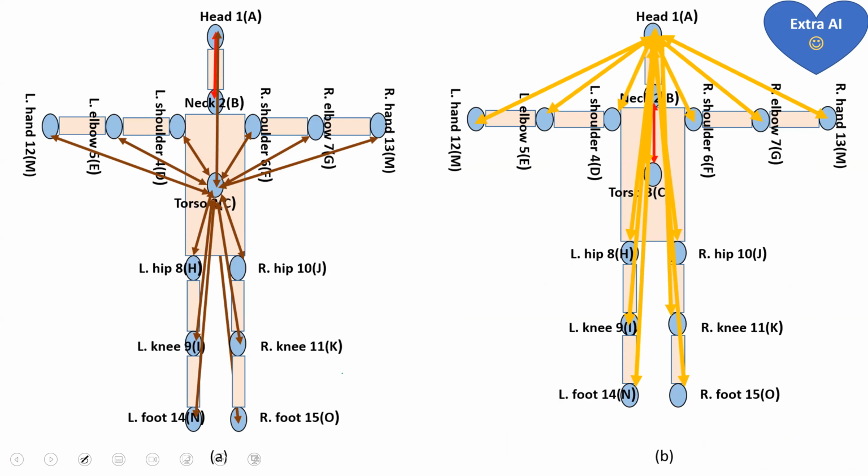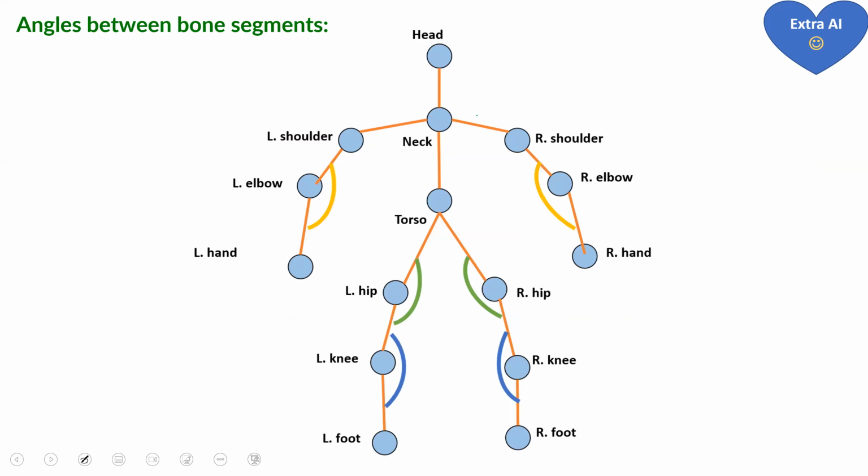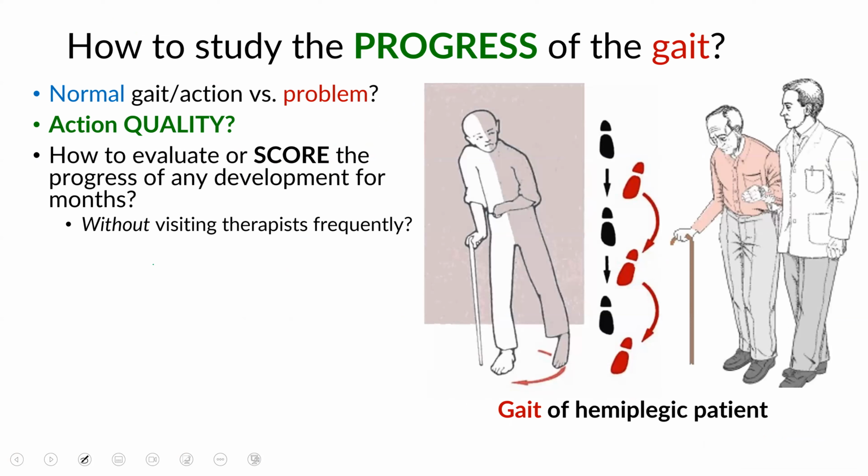If you are interested, for example, take different body joint points and their relationships. You can get distances or different angles, and the corresponding relationships between those angles and distances. You can make methods to understand different activities, especially to understand the progress of gait.